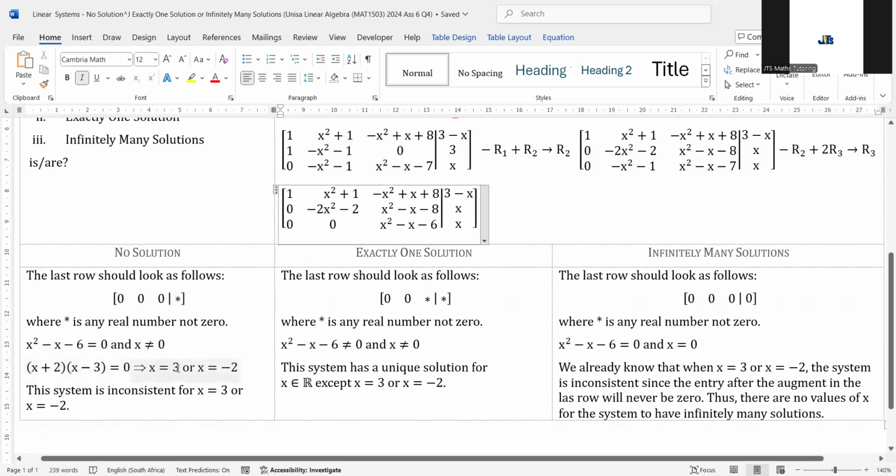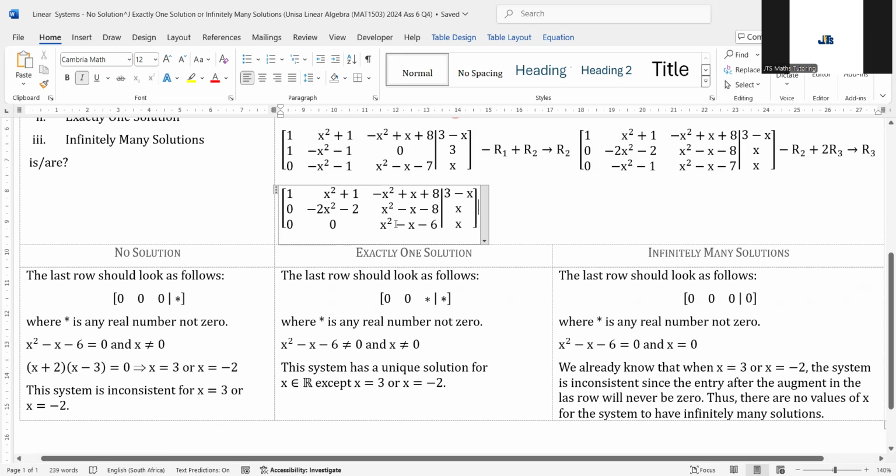So I'm going to have x plus 2 multiplied by x minus 3, which is going to give me x is equal to 3 or x is equal to minus 2. All right, we must have any number which is not what? 0. So x can be 3 here, x can be minus 2 here, x can be anything else here. So I know that if I plug in 3 right here, I'm going to get a 0 here. So which means 0 is equal to 3, which is a contradictory statement. It's not true, hence no solution.